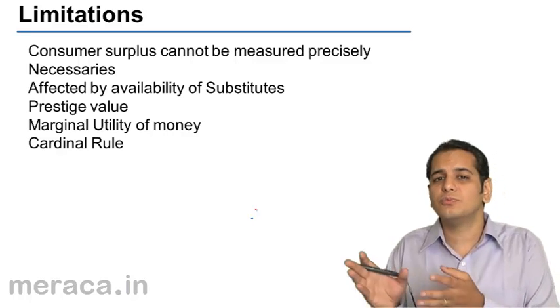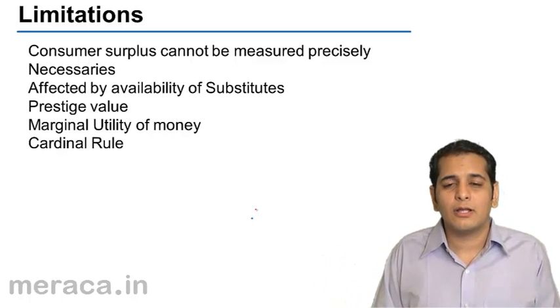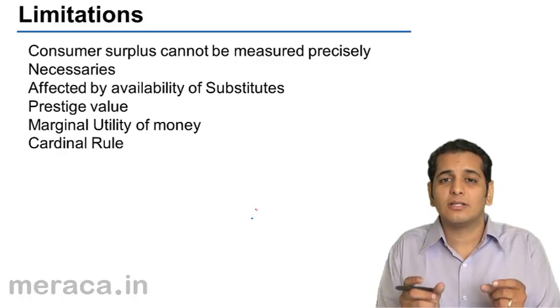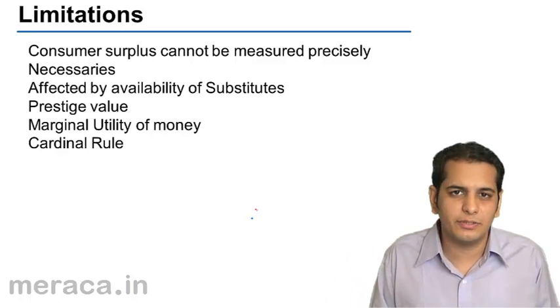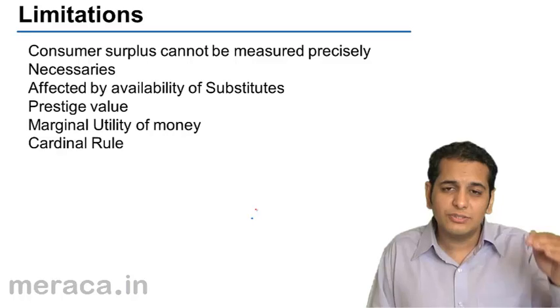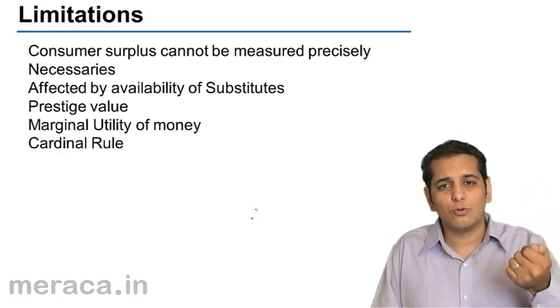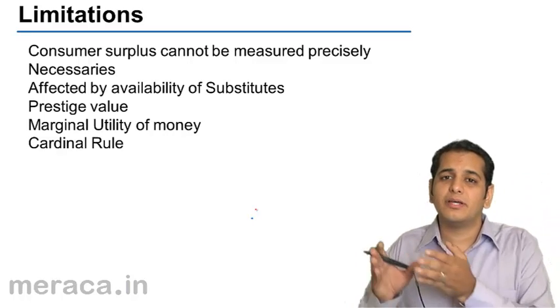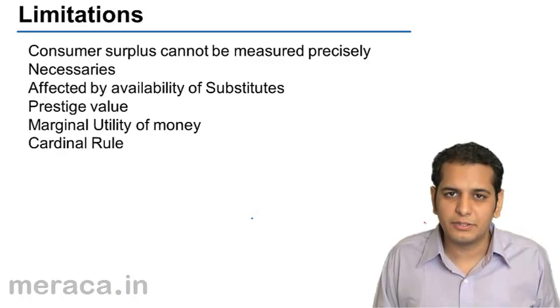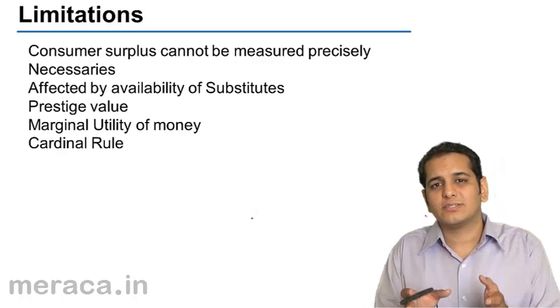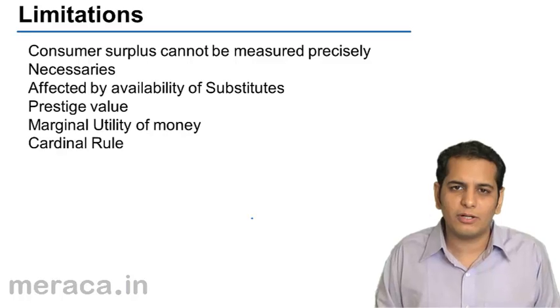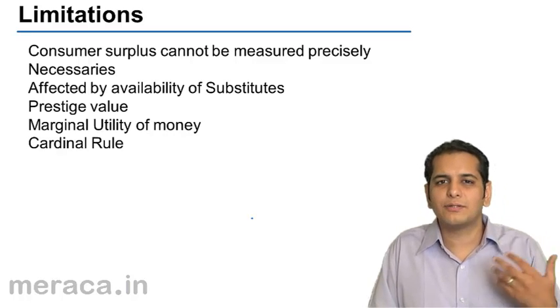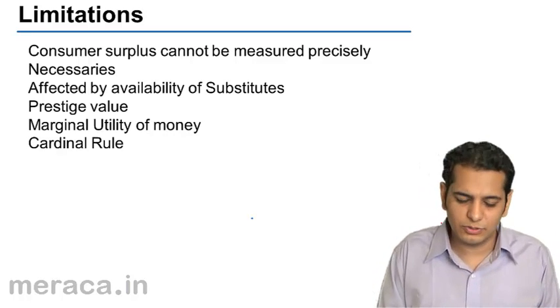He may consume the substitute. This happens because the consumer has an option here. As the utility from this product goes on diminishing, he may switch to the substitute. So, when substitutes are available for a product, it becomes difficult to calculate the consumer surplus.